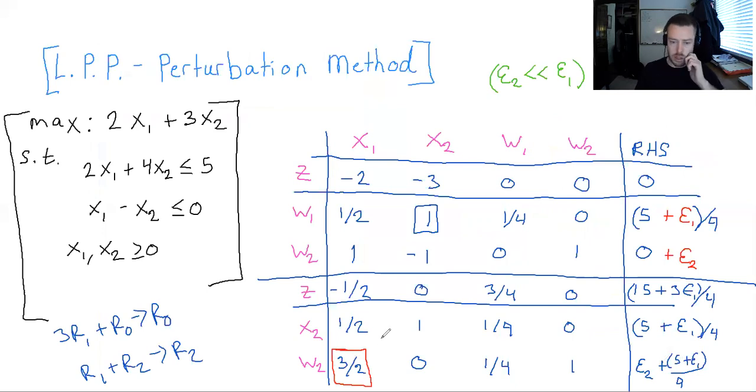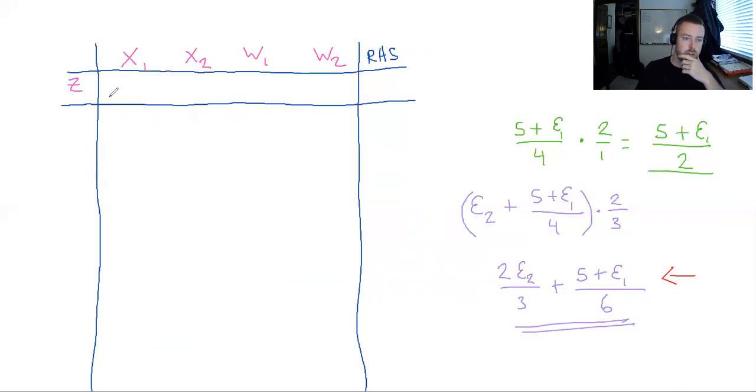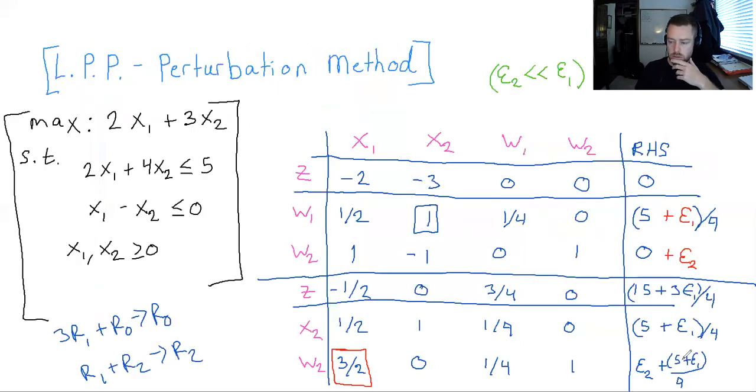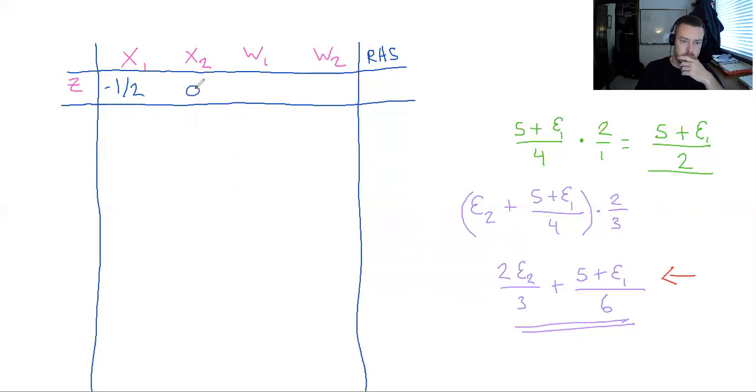So let's rewrite this whole thing. It's going to be a lot of rewriting. Let's see, negative 1/2, right? Negative 1/2. What was it? 0, 0 through 4, 0. Awful handwriting.